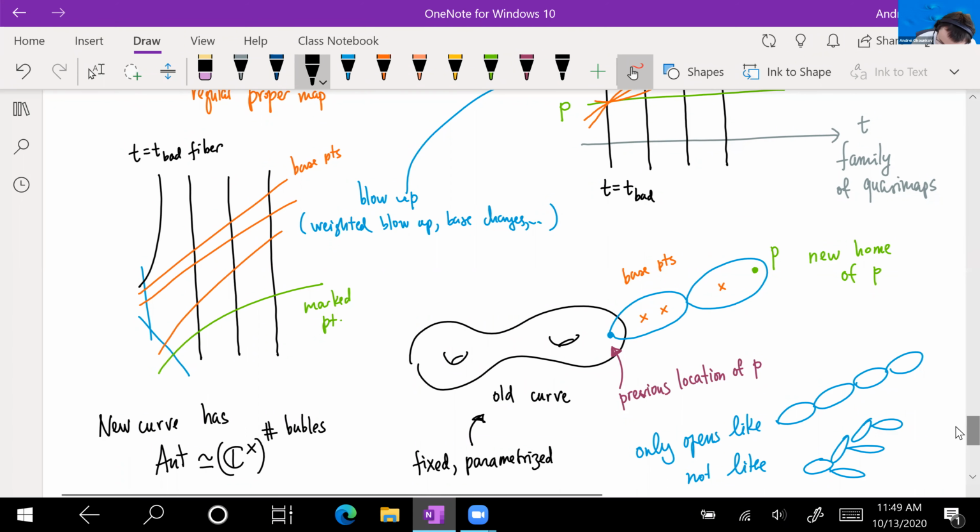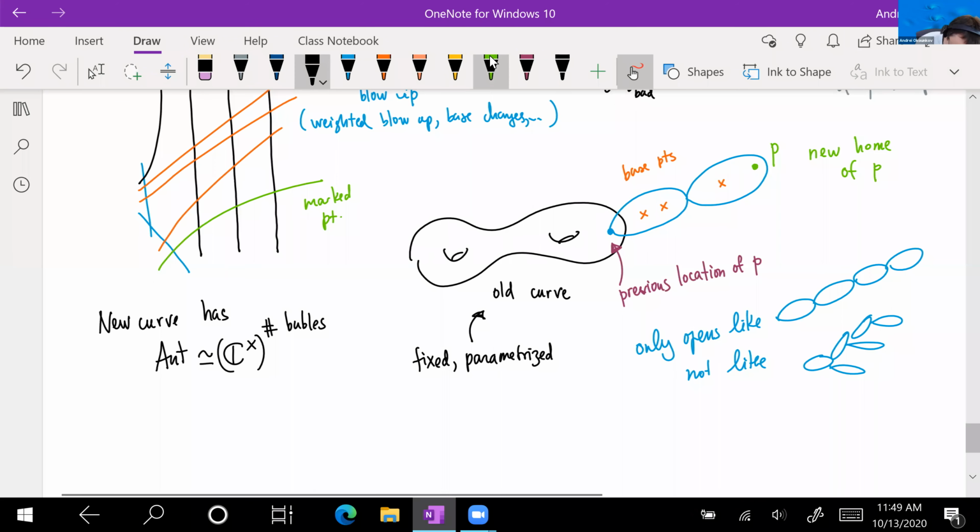And we consider this data up to this group of automorphisms. Previously, we didn't have any automorphism in the data. Our curve was given to us. We could have had some automorphism of the main curve, but we did not mod out by it. But here we really mod out by this group.